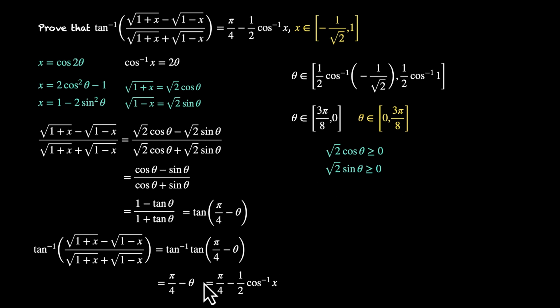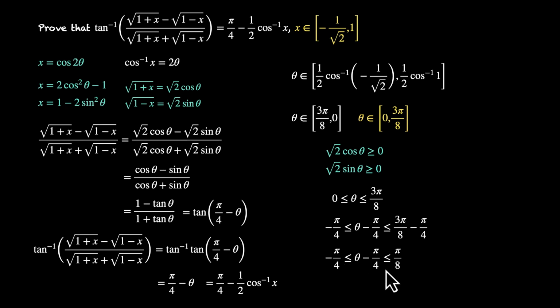What about this value? Pi by 4 minus theta. Let's check that as well. Theta is from 0 to 3 pi by 8. So 0 less than or equal to theta is less than or equal to 3 pi by 8. Subtracting pi by 4 from all three sides, we have minus pi by 4 is less than or equal to theta minus pi by 4 is less than or equal to 3 pi by 8 minus pi by 4. Taking 8 as the LCM, we have 3 minus 2, that's 1.